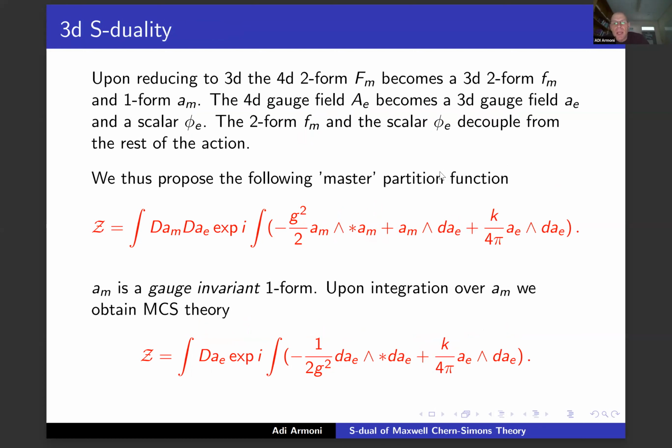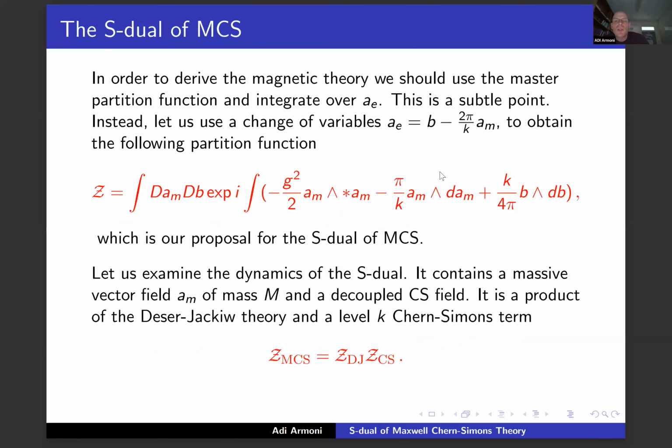But we can decouple AM and AE by a simple change of variables. And that's what I did. If we introduce B instead of AE, then essentially it's like diagonalizing, or decoupling, the two fields. And that's the partition function that I get.